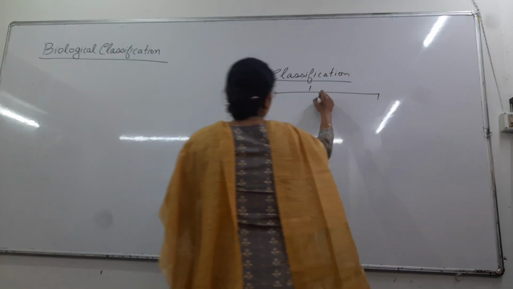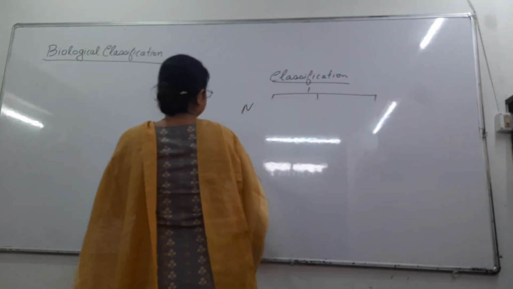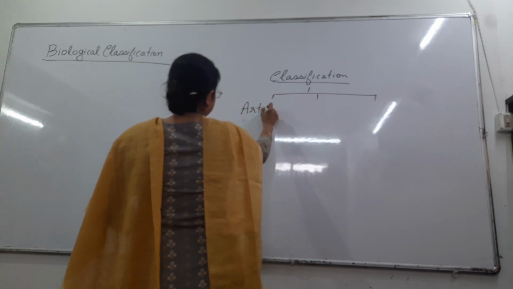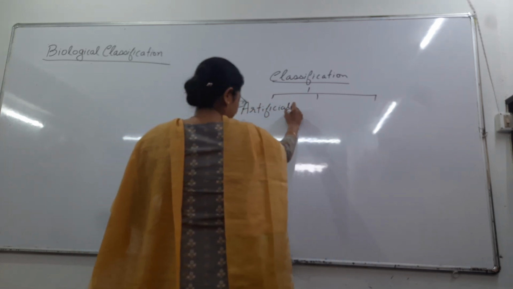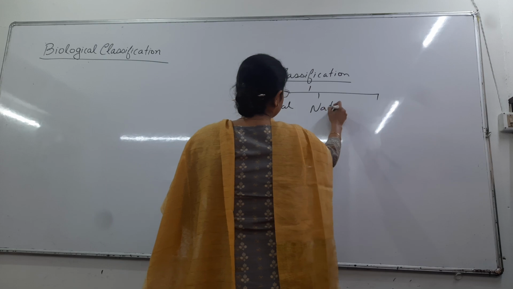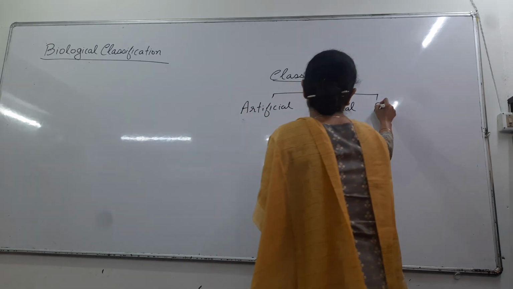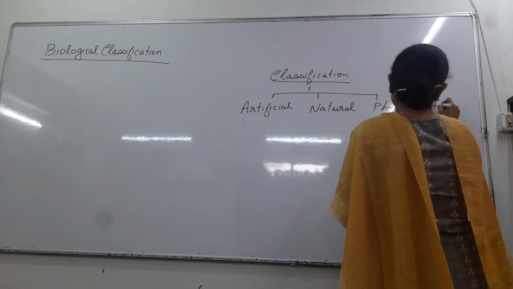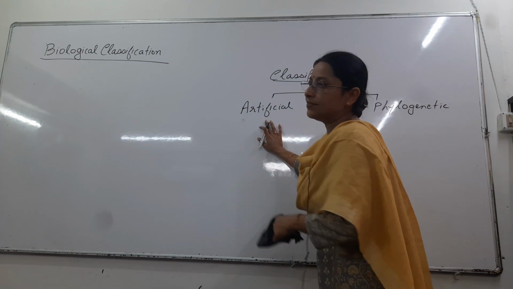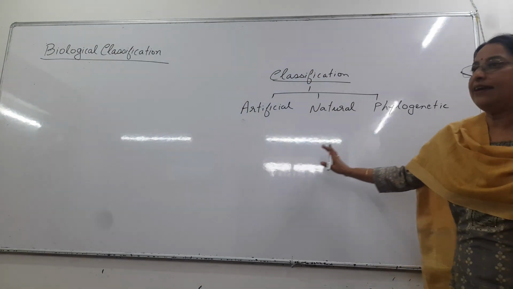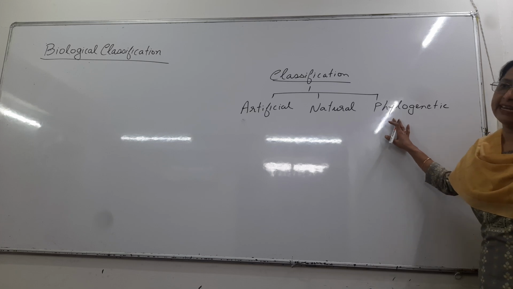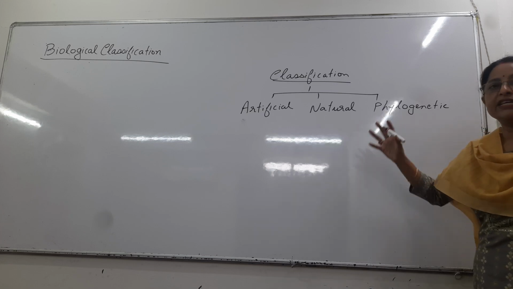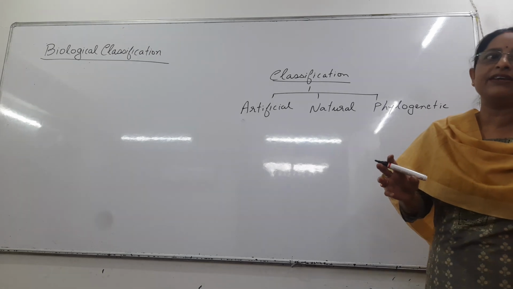We come across 3 words: artificial, natural, and phylogenetic. We have already written this, right? So artificial classification. Now Eichler gave which type of classification? Phylogenetic classification, right?